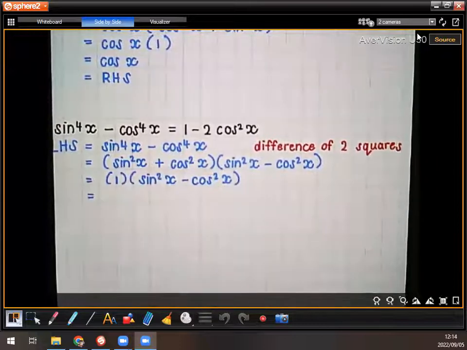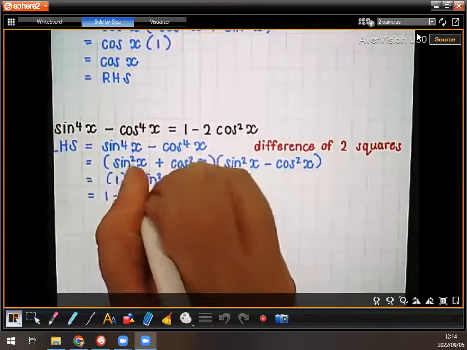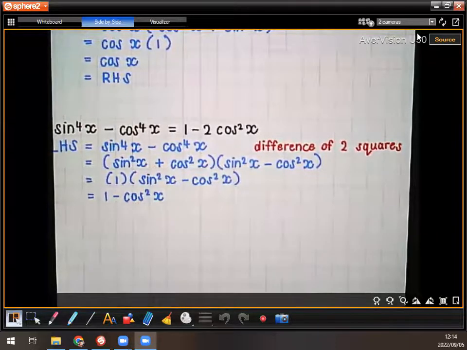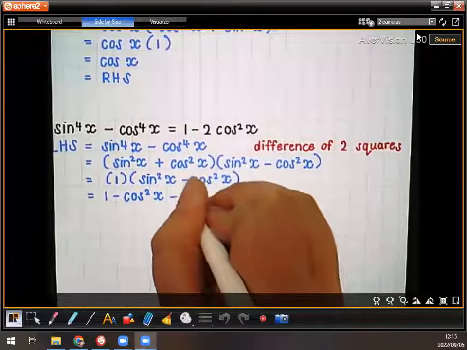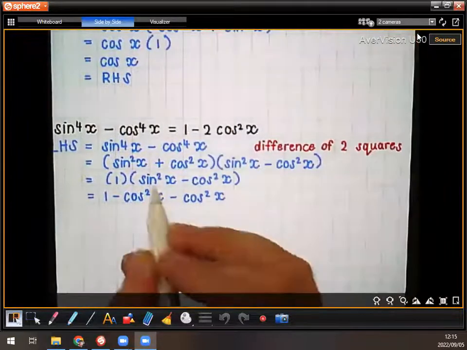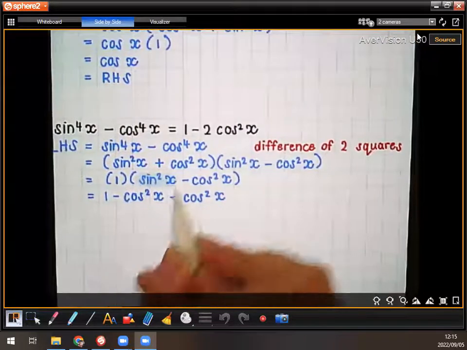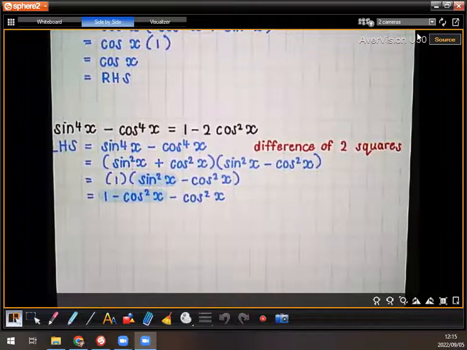1 minus cos squared x. Yes, so sine squared x, I'm going to change to 1 minus cos squared x. Minus, yes, there was already a minus cos squared x, so I must remember to write that down. I'm just going to highlight these parts, guys. This sine squared x here is 1 minus cos squared. Okay, so I didn't put an extra cos squared x there.